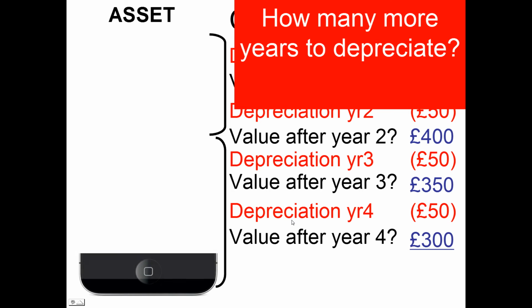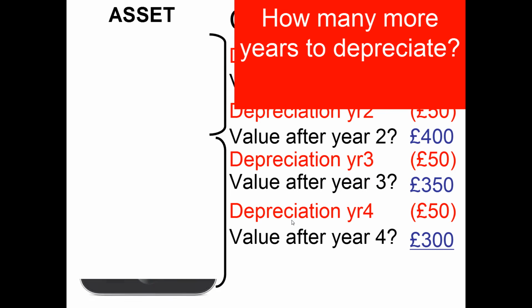So equal amounts as the previous years, or chunks of the phone, so it's an extra 6 years. If we continue taking away £50 for another 6 years, we would eventually reach 0. So there's no phone left, the phone is worthless. It would take 6 years extra, so a total of 10 years.